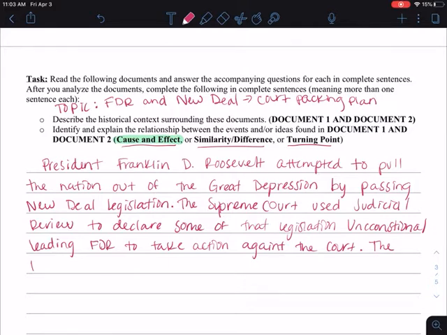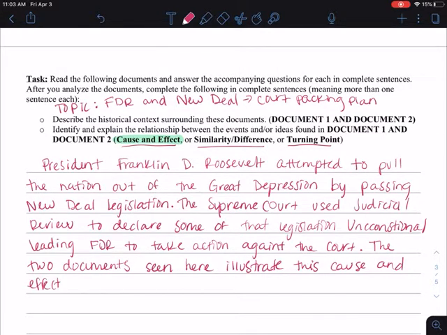The two documents seen here illustrate this cause and effect relationship.